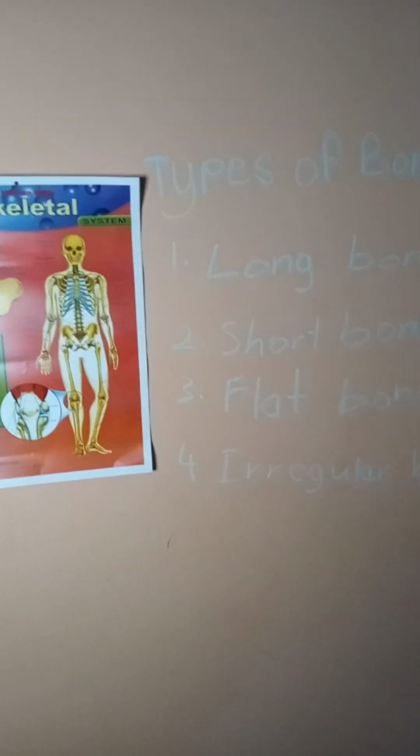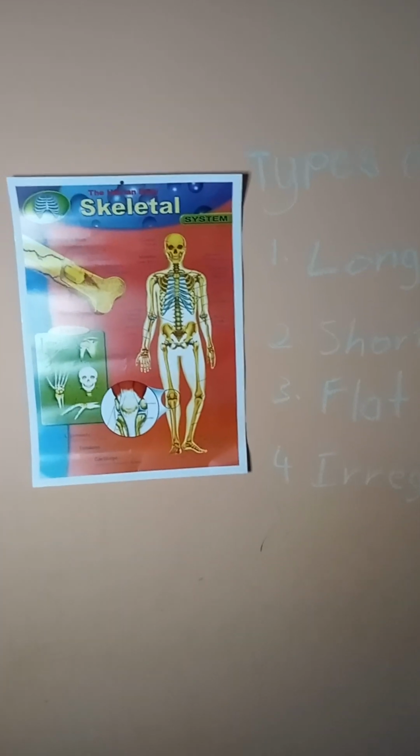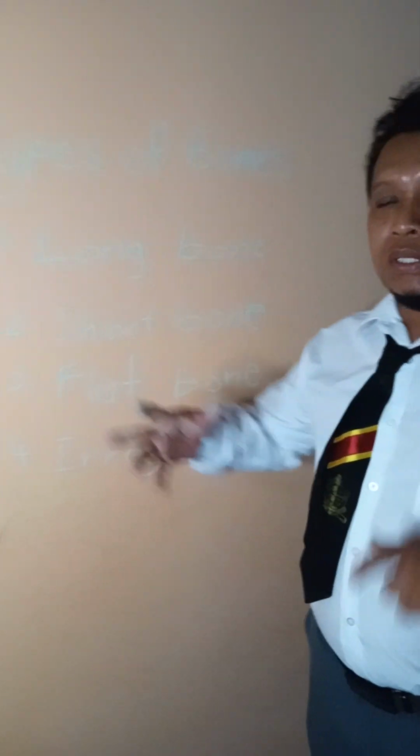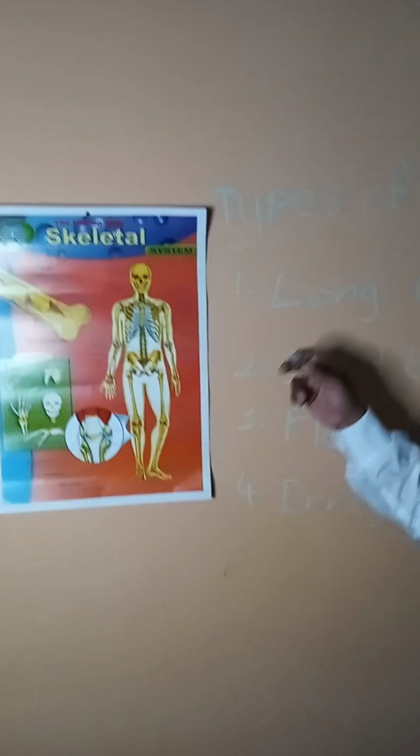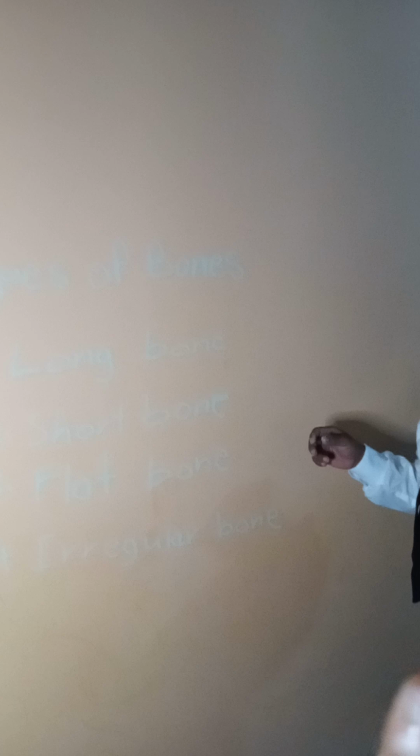Because its shape is not normal. All right, that is correct. When we are talking about irregular, it means it doesn't actually have a regular shape. An example of this would be the spinal column. So again, the last one, as I said before, is the irregular bone.